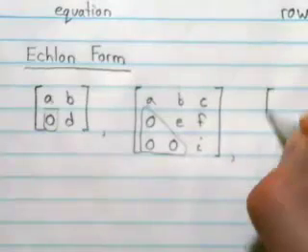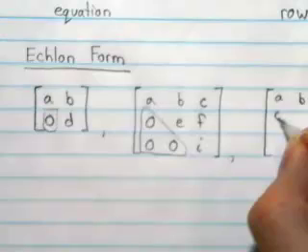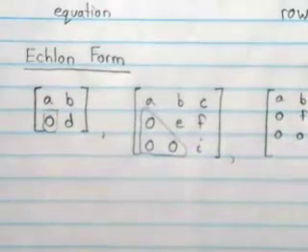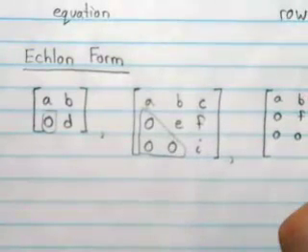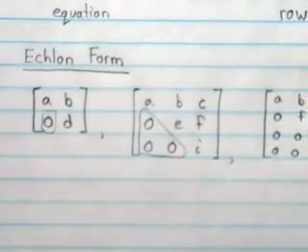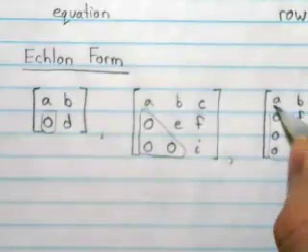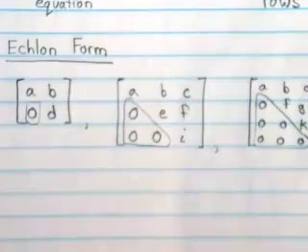If it was 4 by 4, the same pattern continues, and that's a 0 and not an O. So work on making these little zeros in the bottom left corner.